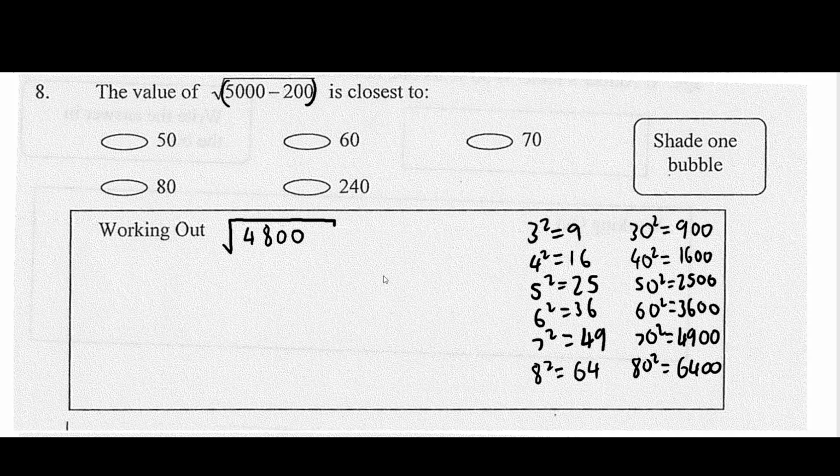Okay, so 70 squared is our best answer because we figured out 50 squared. Nope, that's not too good. 60 squared, no. 80 squared, no. So 70 squared is 4,900, which is fairly close to whatever the square root of 4,800 is.